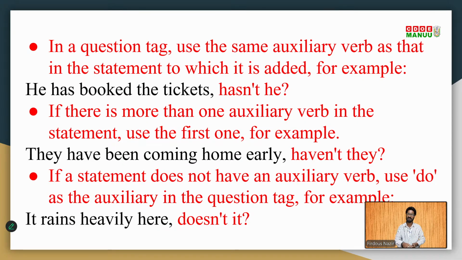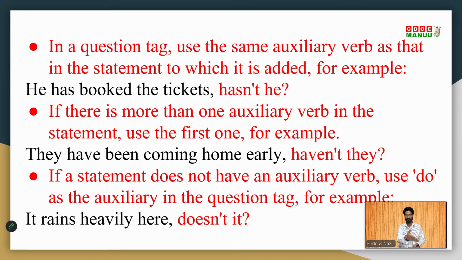If the statement is in present simple, if I say he runs fast, this is present simple tense, so we are going to add does. If I say he ran fast, ran is the past. So we're talking about the past. He ran fast. Then we are supposed to say, didn't he? Didn't he? All right.